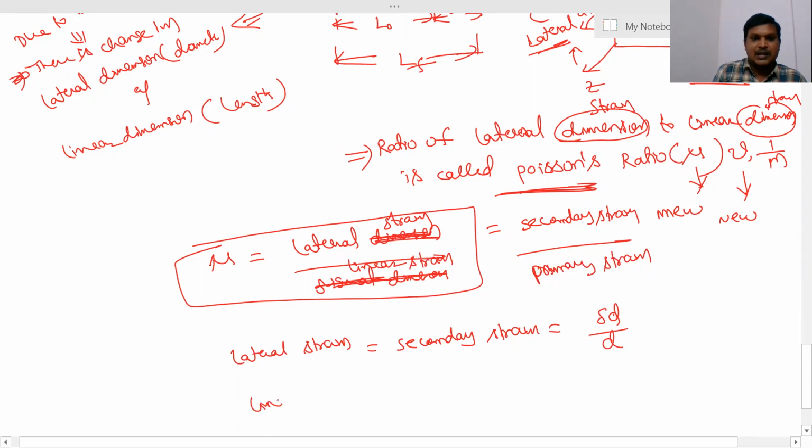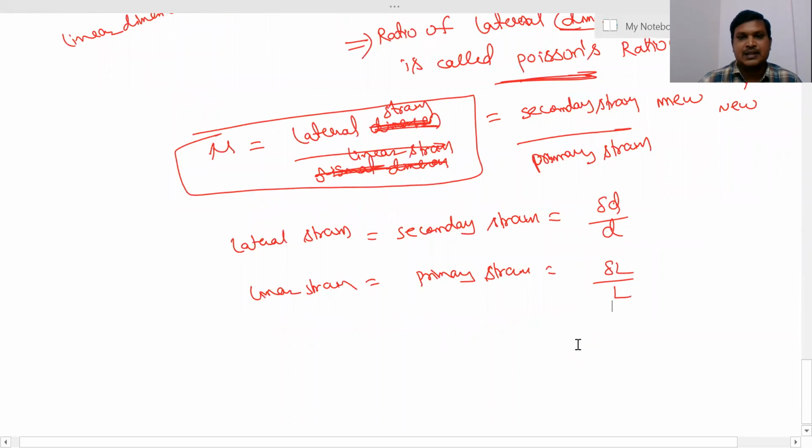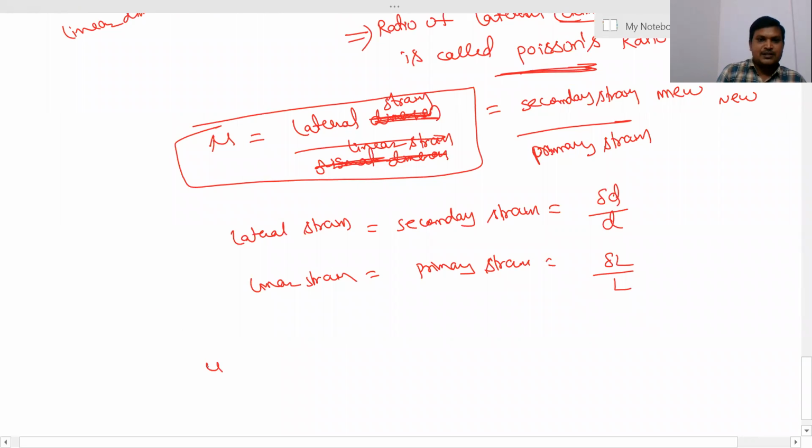Then linear strain in the x direction is the primary strain, which is the change in length by original length. Is it clear? Therefore, Poisson's ratio is lateral strain by linear strain.